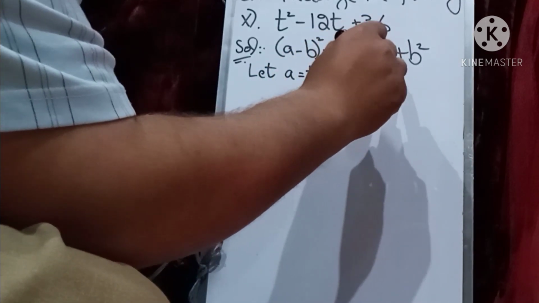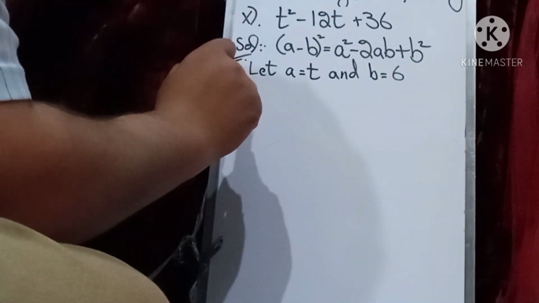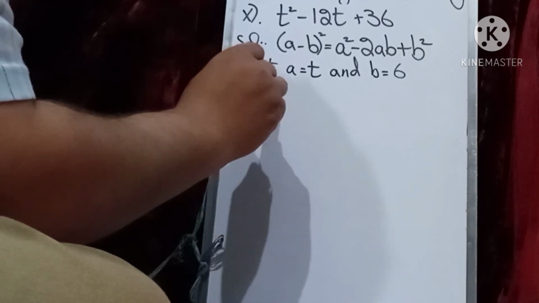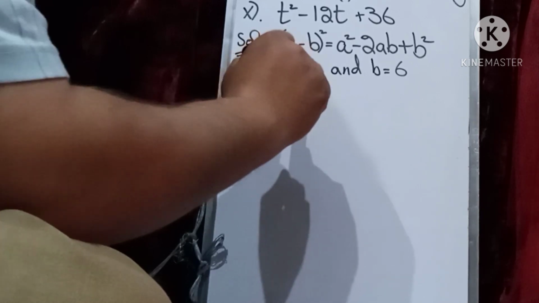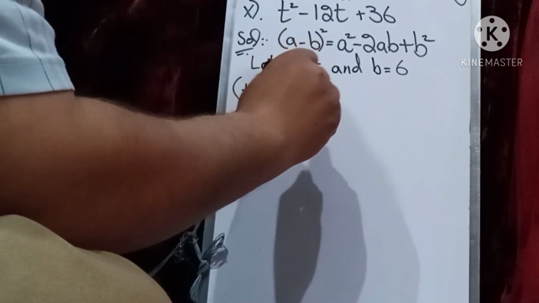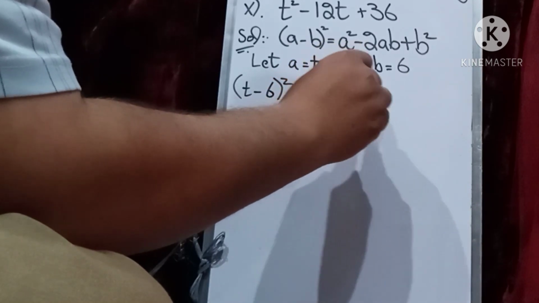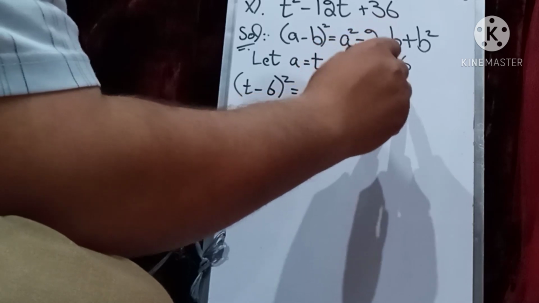So again by putting these values into this (a minus b) whole square formula, you will get (t minus 6) whole square is equal to t square minus 2 into t into 6 plus 6 whole square.